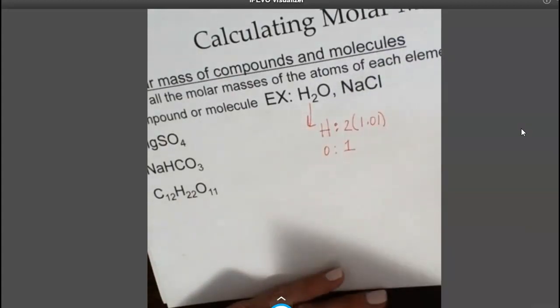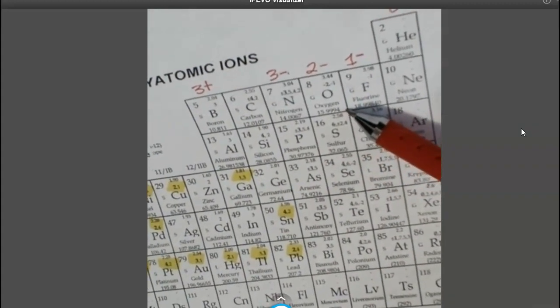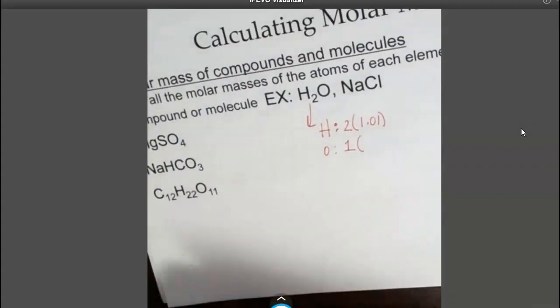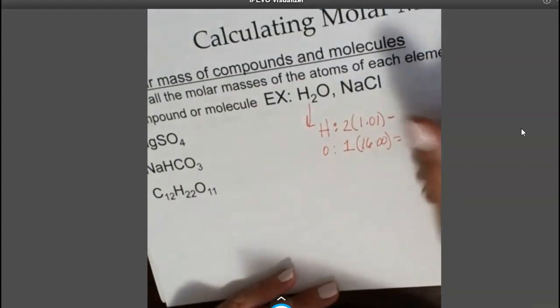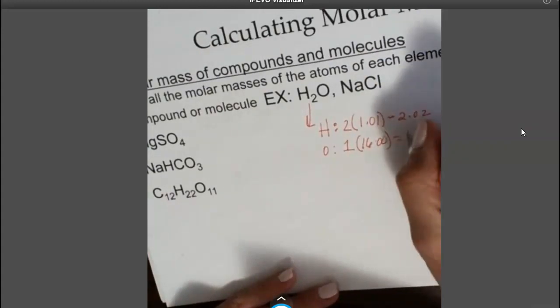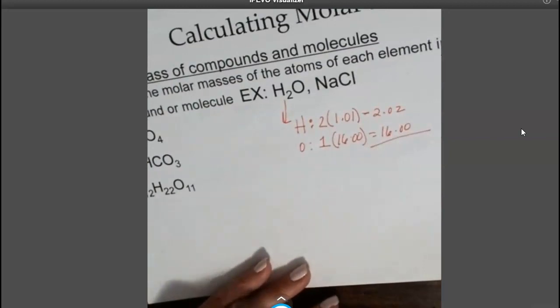I have 1 oxygen atom, and I'm going to go to my periodic table. I'm going to find the atomic weight of oxygen, round it to 2 places past the decimal, and that's 16.00. So 2.02, 16.00. Molar mass is always rounded to 2 places past the decimal.